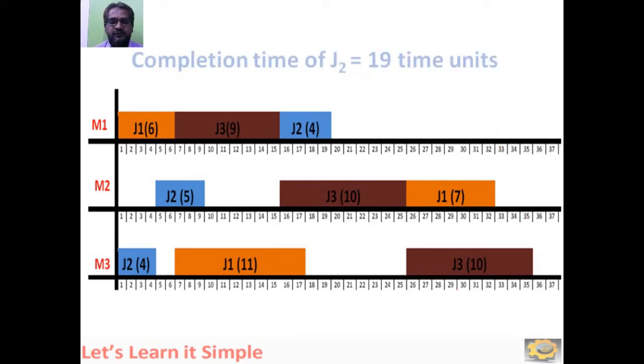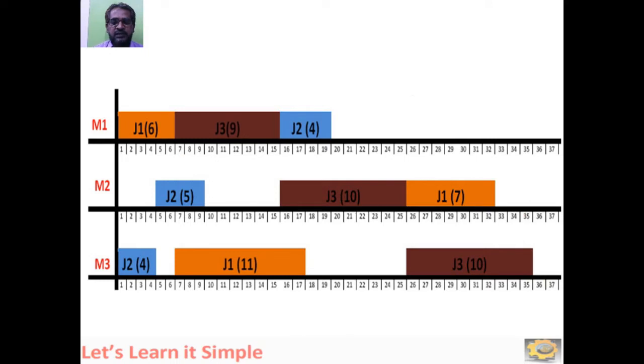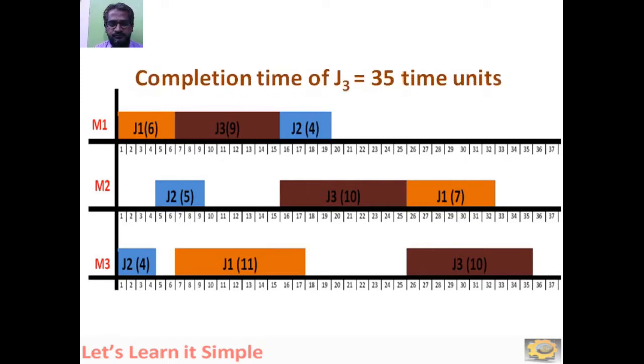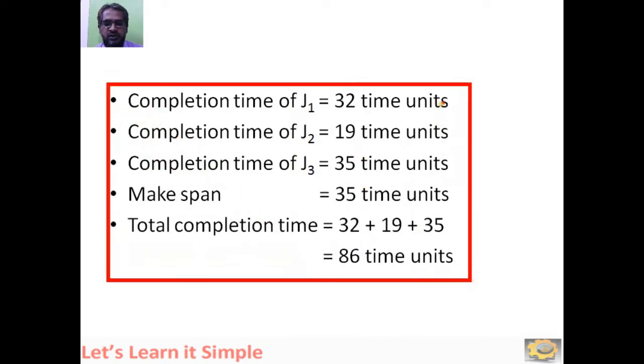So at the end of the Gantt chart problem, what we arrived at is that the completion time of J1 is 32, that of J2 is 19, and that of J3 is 35. So this is the total completion time given here: J1 32 time units, J2 19 time units, J3 35 time units.